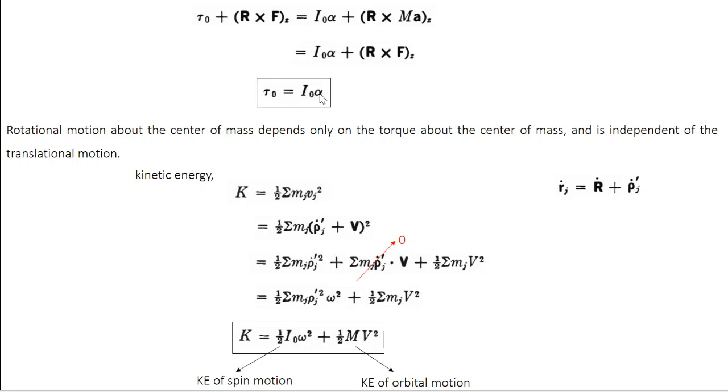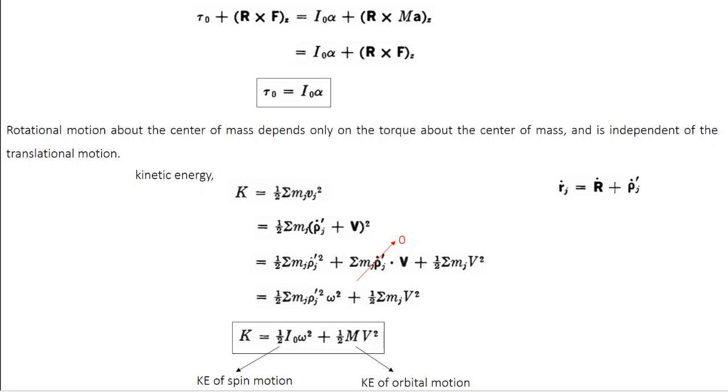This is a very important relation, because from this you can infer that the rotational motion about the center of mass depends only on the torque about the center of mass. It is independent of the translational motion. As we know, any general motion can be decoupled into a rotational and a translational motion, and these two motions are independent. That's the meaning of this equation.